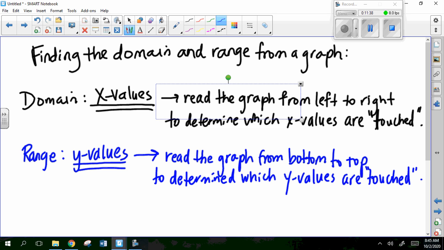And touched is, I guess, a weird word to use here, but that's why I put it in quotes. Okay? All right, so take a second and finish copying that.